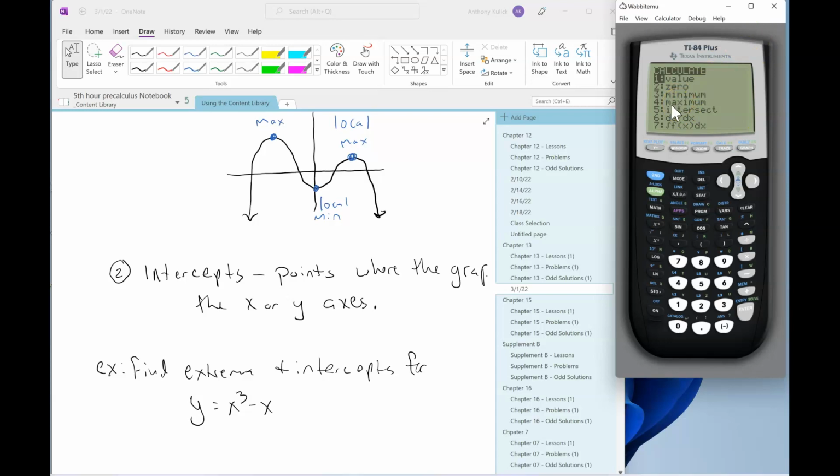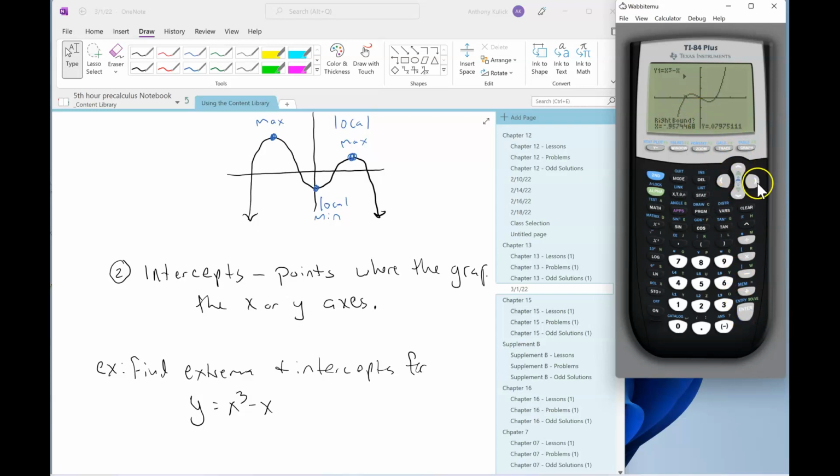To do that, I'm going to choose the maximum command. Now the calculator is going to ask me 3 questions: a left bound, a right bound, and a guess. So I start by moving my cursor somewhere to the left of where that maximum appears to be. Over here looks pretty good, definitely on the left side of it. I'll press enter.